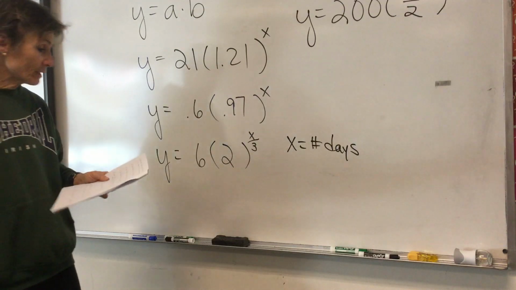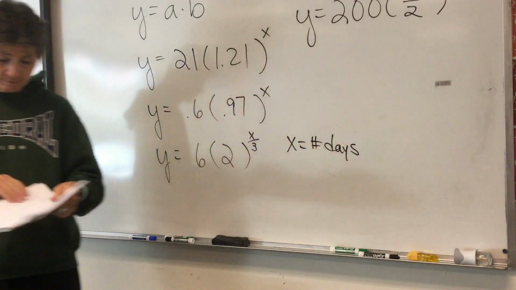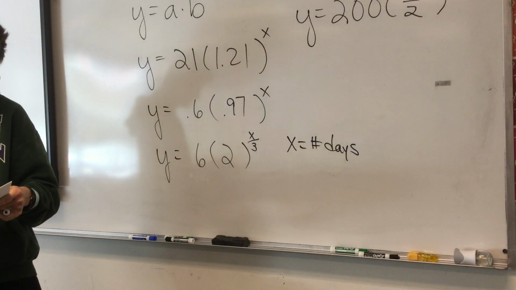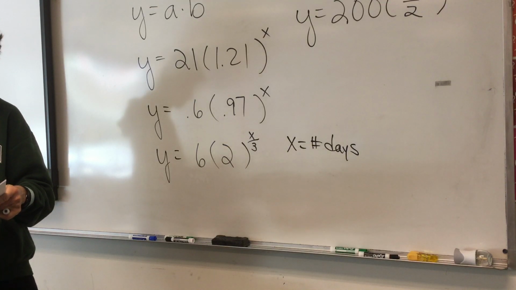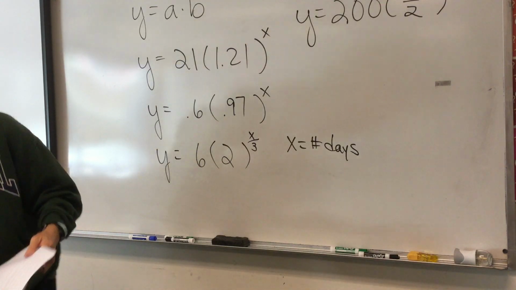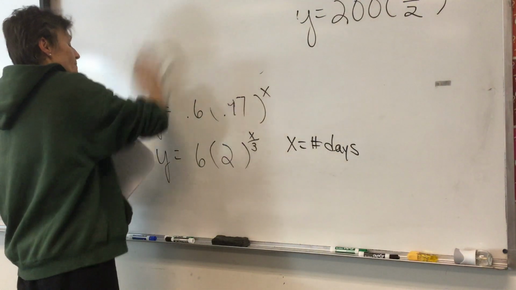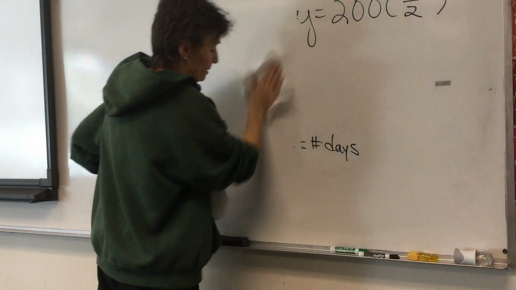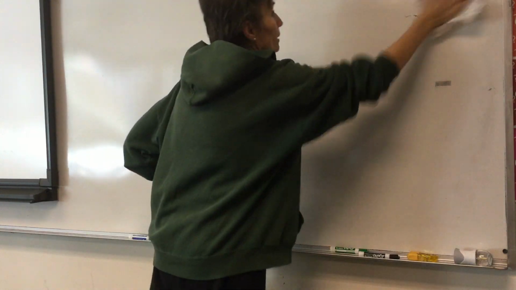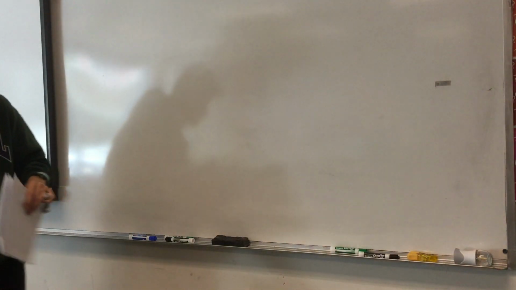Okay, now we're going to need a calculator, so get it out. And we're going to write a couple more exponentials using points, just like we are in our quiz.